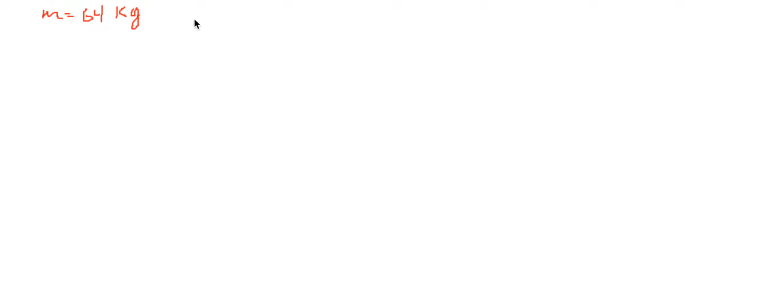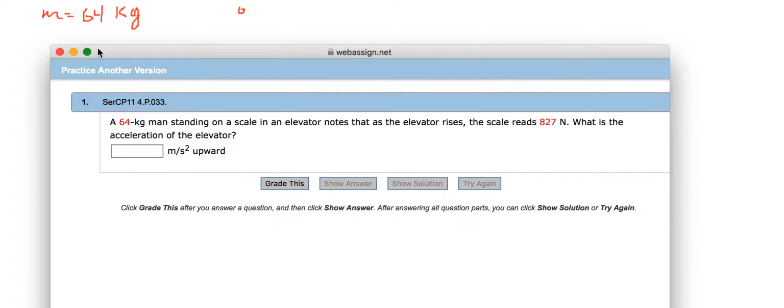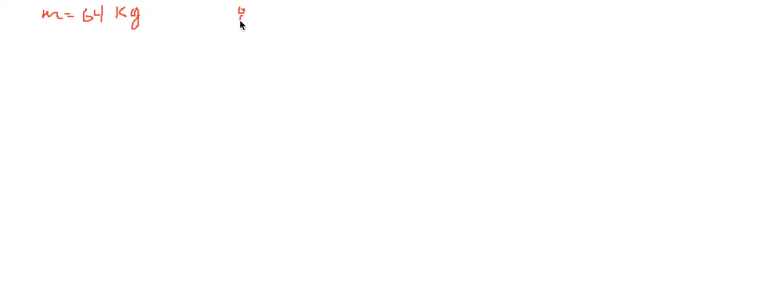And we know that there's a force of 827 newtons acting on it. So we can draw out the free body diagram. If this dot represents the man on the elevator, in a downward position it's going to be mg, mass times gravity, and it's negative because it's going down.